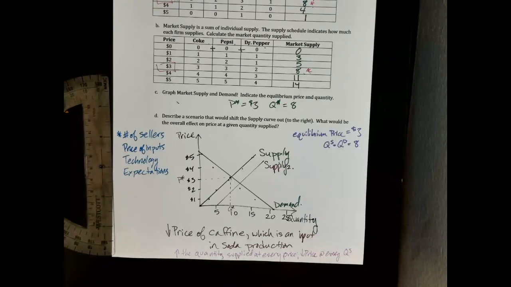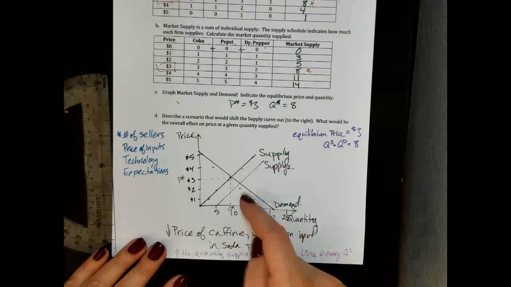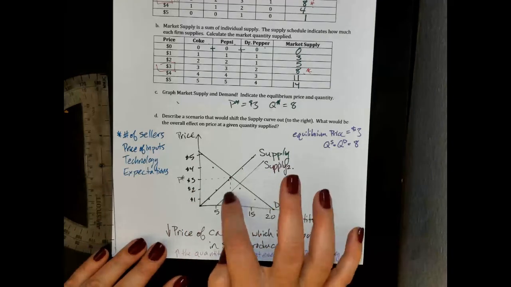And that's what you see in this graph, right? If we pick a given price, the quantity supplied is higher. If we pick a given quantity supplied, the price is now lower. So either way you look at it, the prices go down and the quantity supplied goes up.